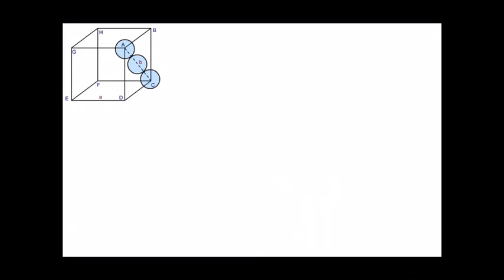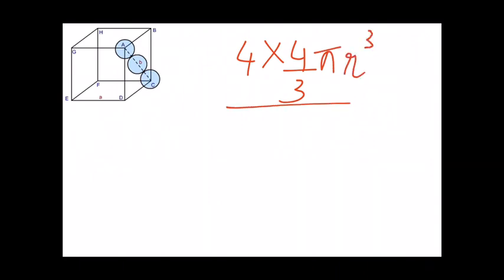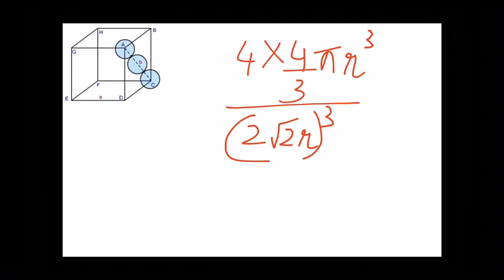Now we have already calculated the volume of the particles, 4 into 4 by 3 pi r cube, and volume of the unit cell a cube, but instead of a we are going to write 2 root 2 r, the whole cube, into 100. So this is how we are calculating the packing efficiency. I am marking packing efficiency as PE. PE is equal to 4 into 4 by 3 pi r cube divided by 2 root 2 r the whole cube, that is the volume of the unit cell.